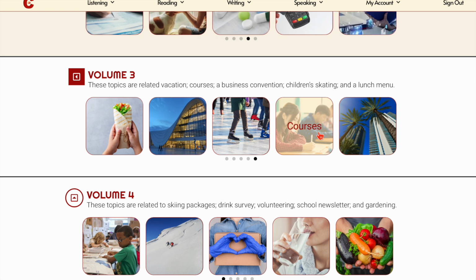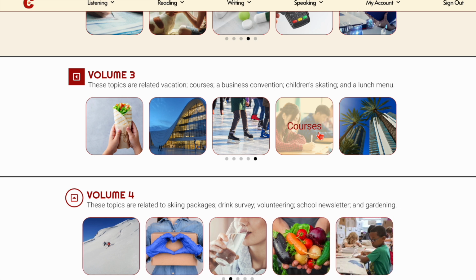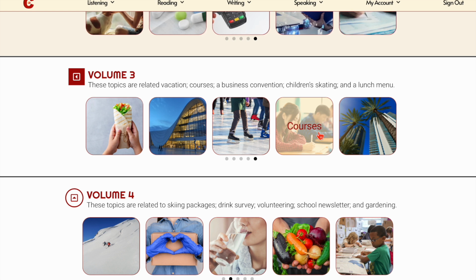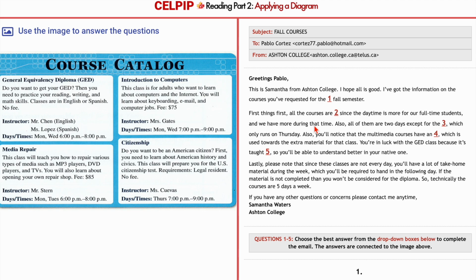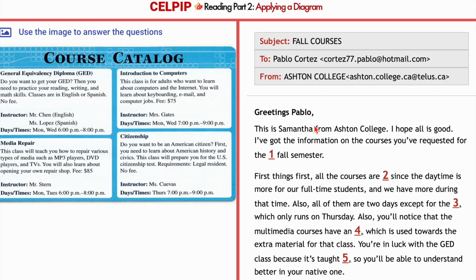I will also be trying to explain some vocabulary or some words as I go. I'll make some comments in the end. Now let's get started. I'm just going to zoom in.